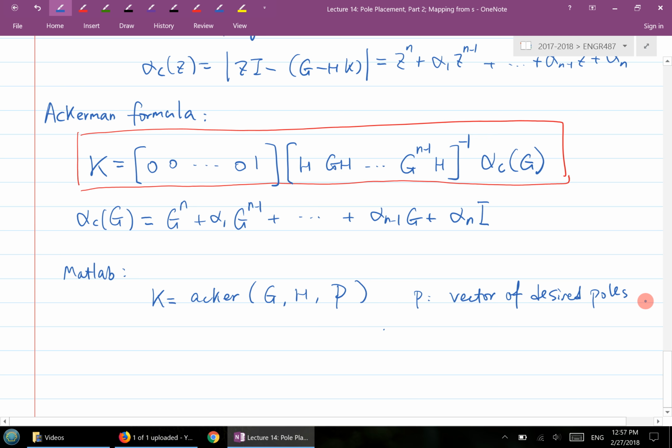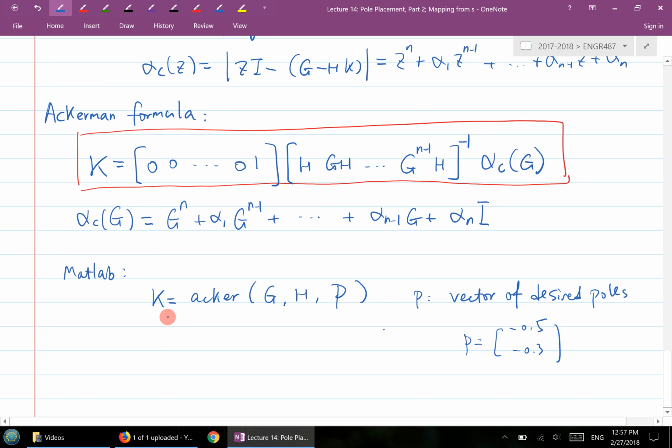So basically, let's say your desired poles are at negative 0.5 and negative 0.3. Then you can give P as negative 0.5, negative 0.3. That's your desired pole location, and then K will be the feedback gain matrix.